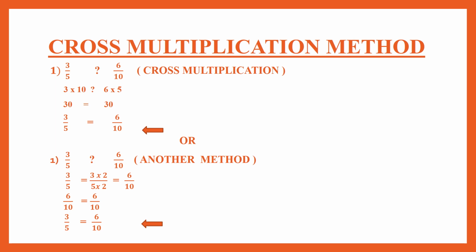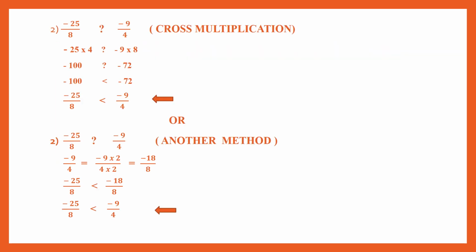Now, we compare 6 upon 10 to the question. They both are equal. So, 3 upon 5 is equal to 6 upon 10. The arrows shown to you show that whether you use the cross multiplication method or this method, the answer is the same. So, you could use any one in the exam in this case.